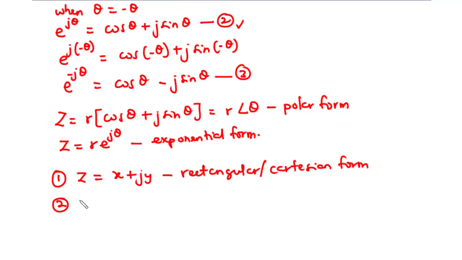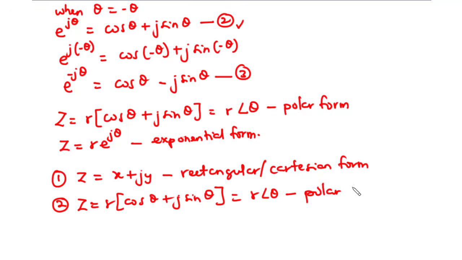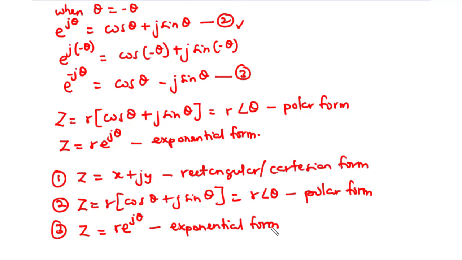And secondly, we can have the polar form, and lastly, we can represent a complex number in the exponential form as r times e exponent j theta. So this is the exponential form. And notice that in the exponential form, the value of theta is always in radians.